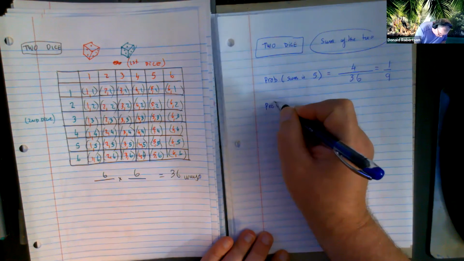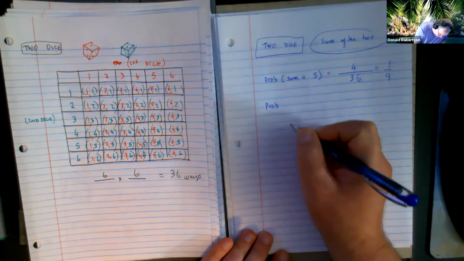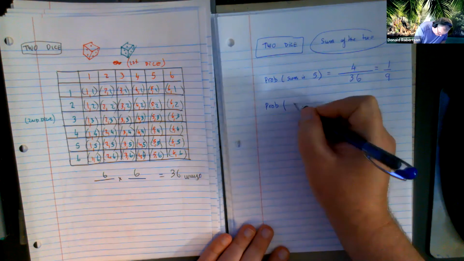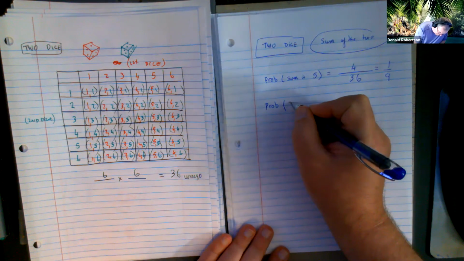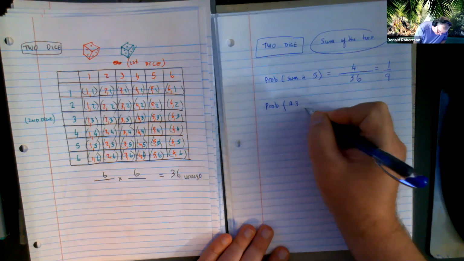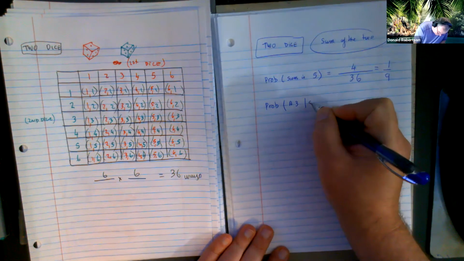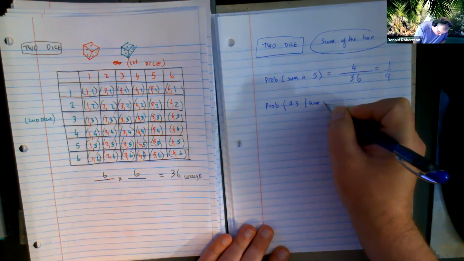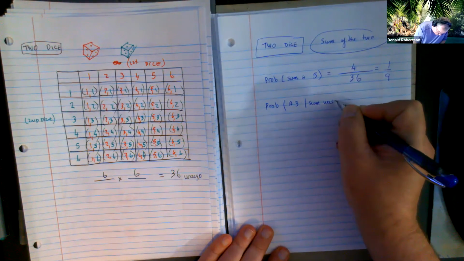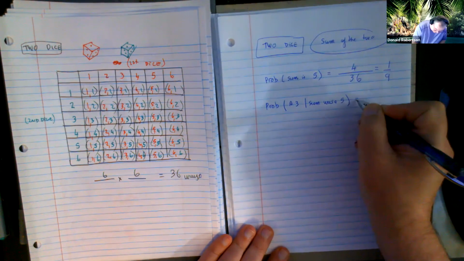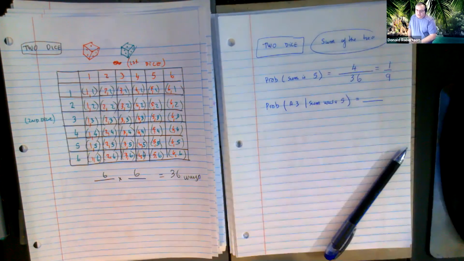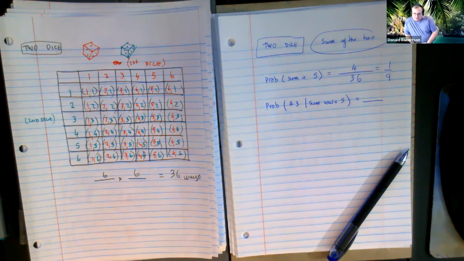Now let's do a conditional probability. What's the probability that you get a 3 given that the sum was a 5? So what we're telling it is that the 2 dice add up to 5. And what's the probability that you have a 3 there, right?